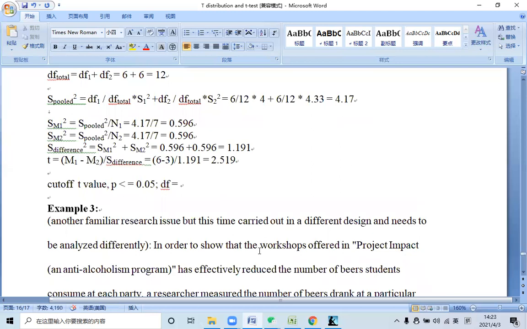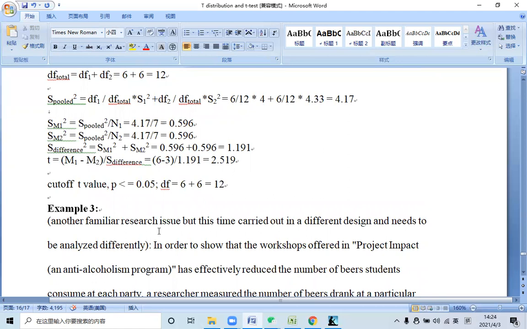The degrees of freedom will be the total. For group 1, 6. For group 2, also 6. That is 7 minus 1 for each, so 12 is the total degrees of freedom. Are we going to do a one-tailed or two-tailed test? In this case, it's one-tailed.